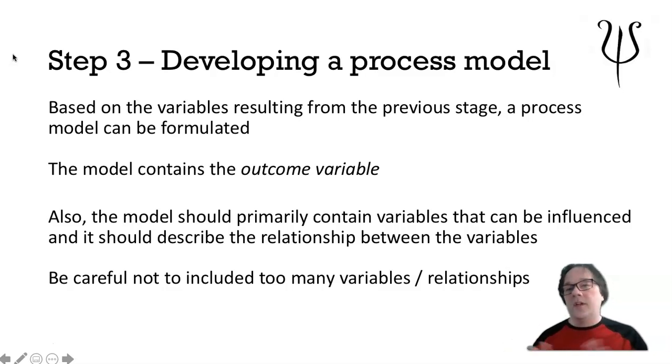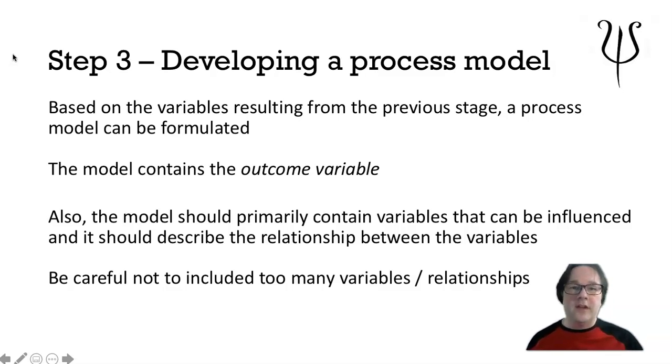The things that we want to include in our model should primarily be things that we're able to change or influence. Otherwise, there's not going to be much use for this model if it only includes variables that are beyond our control.